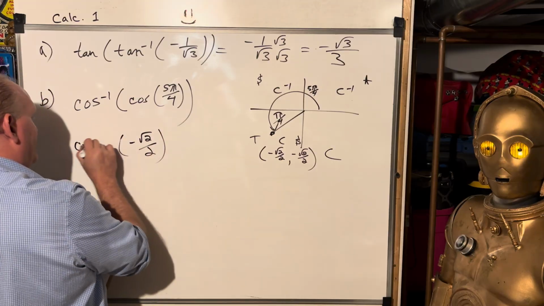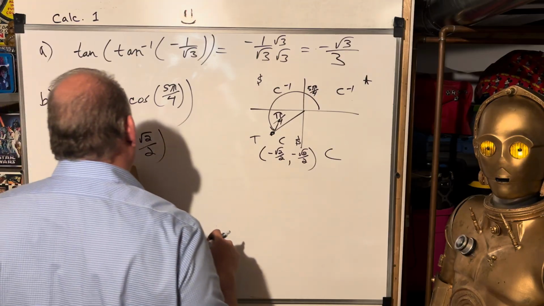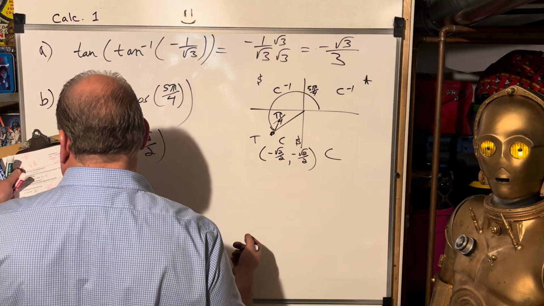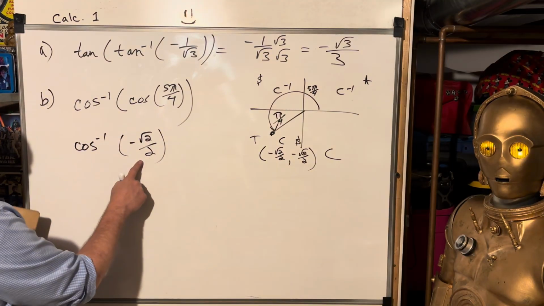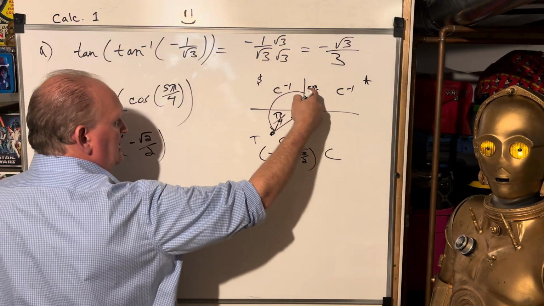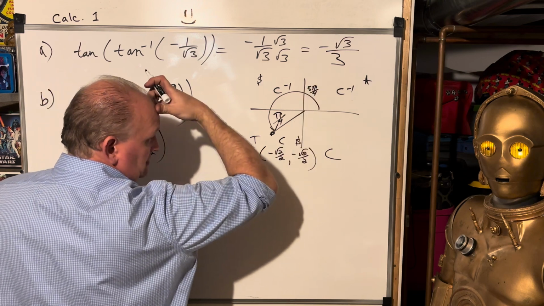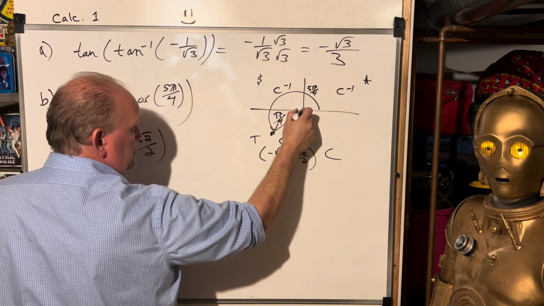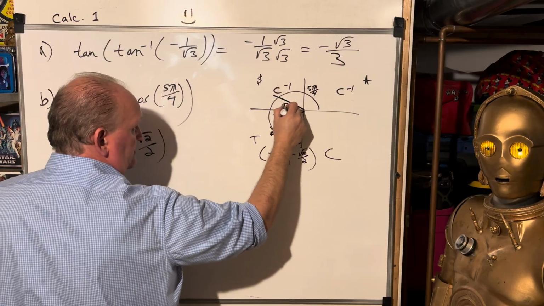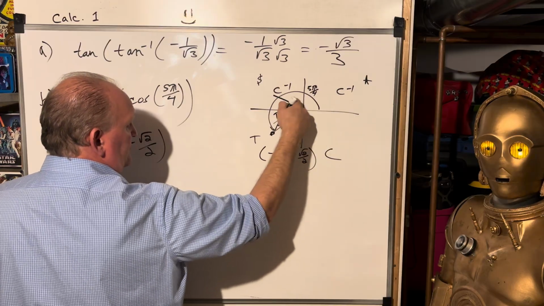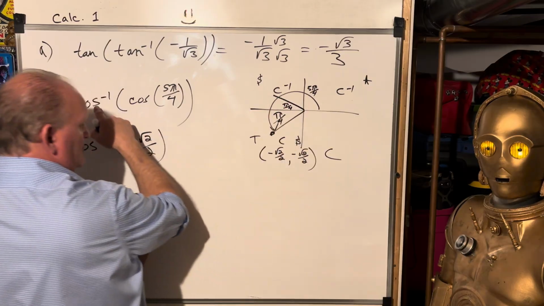But now, if I take the arc cosine of that, it's going to kick it back into the second quadrant. Because it's got to be in the first or the second quadrant for the arc cosine.